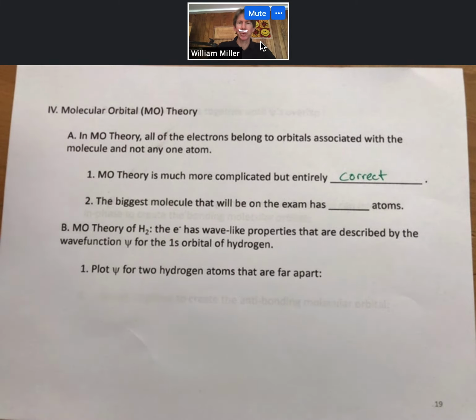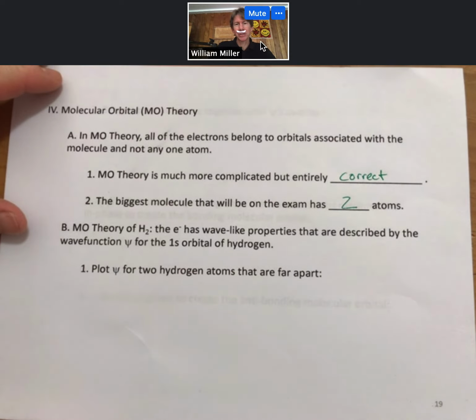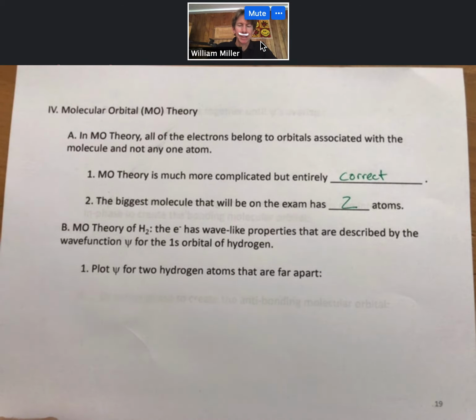However, it is much more complicated, and therefore the biggest molecule that will be on the exam has 2 atoms. It'll be entirely correct, but it's so complicated that we can't deal with molecules bigger than that, because then it gets into very complicated math.